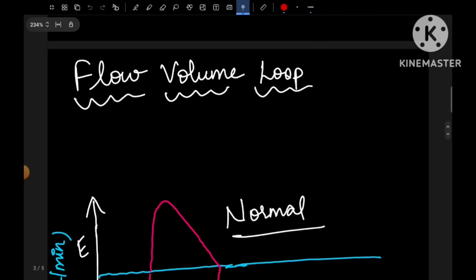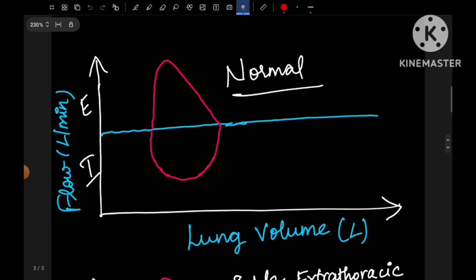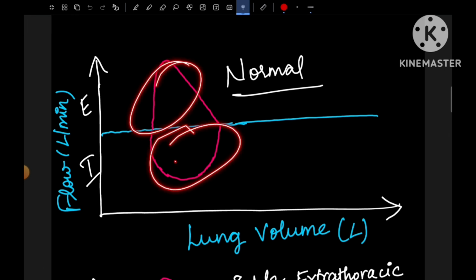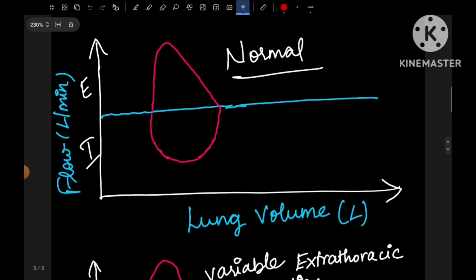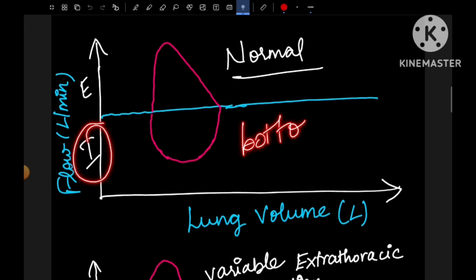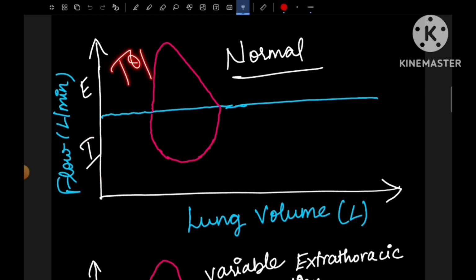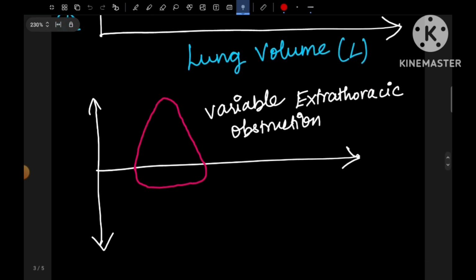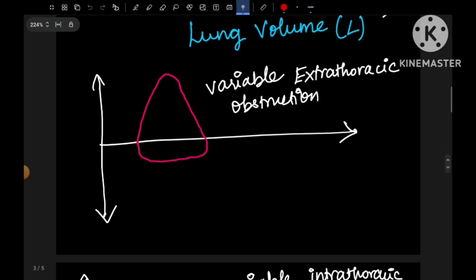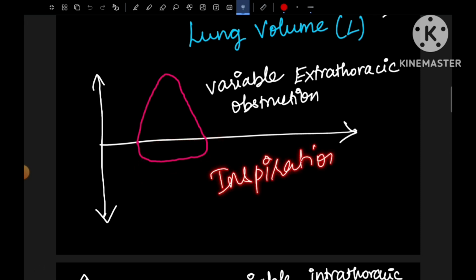Next, we see the flow volume loop. This is a normal flow volume loop. You can see the inspiration and expiration. Main thing we have to remember is inspiration comes at the bottom, expiration comes at the top. Next, this denotes that there is something abnormal in the inspiration. Just remember it as an opposite.